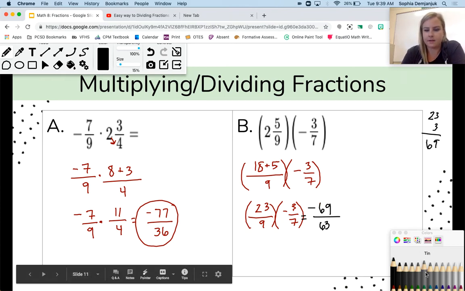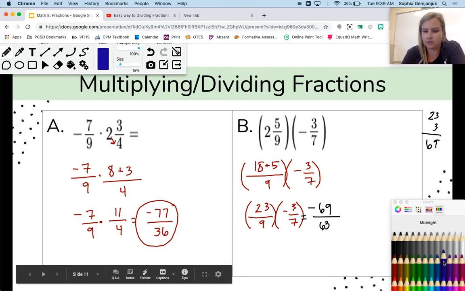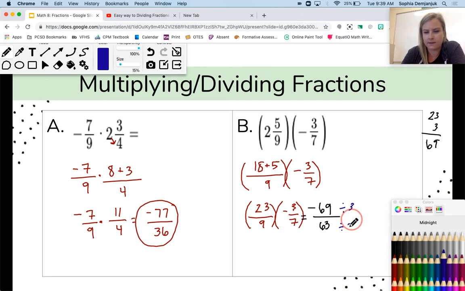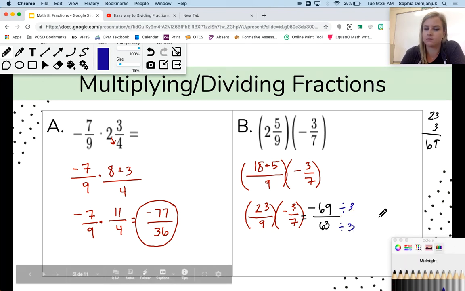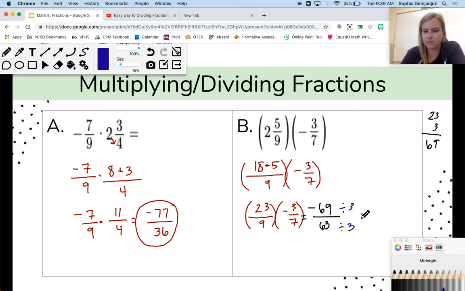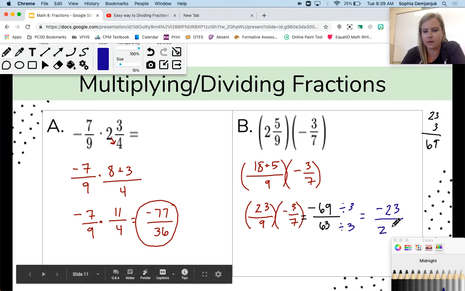Both of these pieces are divisible by 3. Divide by 3. Divide by 3. The top will give me negative 23. The bottom will give me positive 21. And that's left with the simplifying.